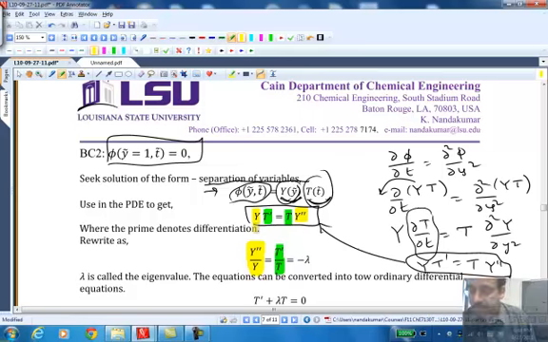Now the argument is that y double prime over y is a function only of space. T prime over t is a function only of time. But they two are equal according to this equation. How can they be equal? How can I make them equal? Only if I insist that they are both equal to a constant. Okay? So I'm now going to introduce that constant as the separation constant minus lambda. Okay? So this is going to be called a separation constant.